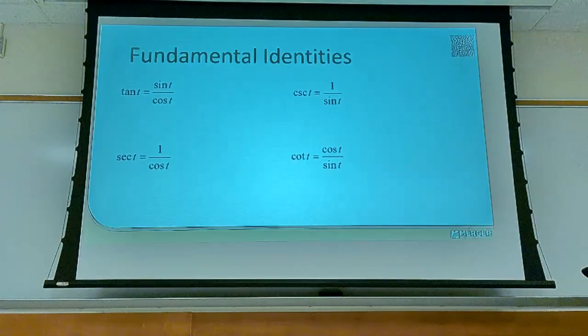Secant, well, that should be pretty easy. Secant's even, since one is even, obviously, and cosine is even. Cosecant is odd. One is even, sine is odd, even over odd. And cotangent is also odd. Only cosine and secant are even, the other four are odd.